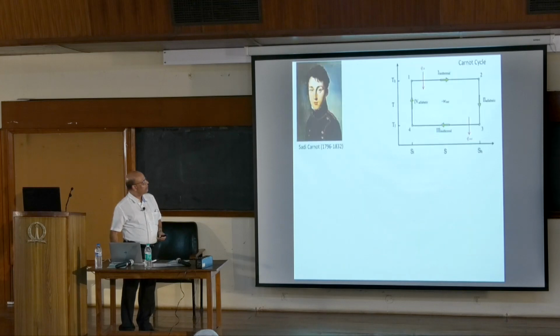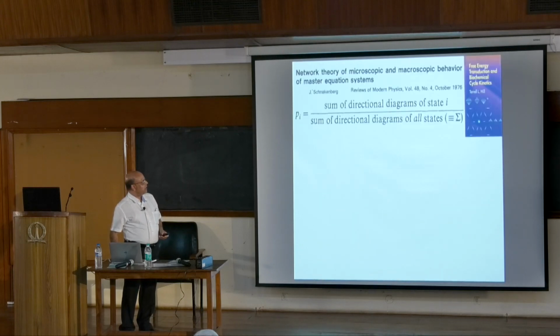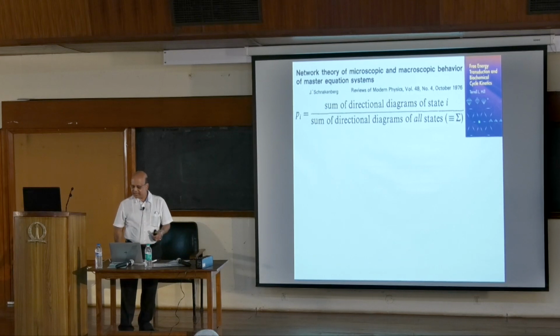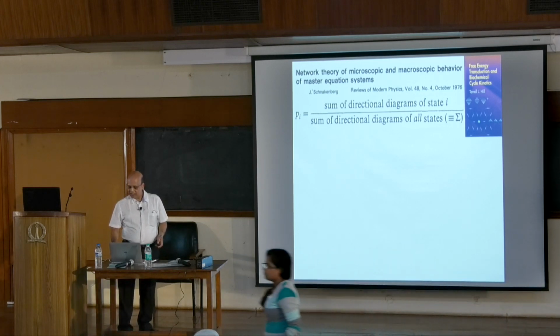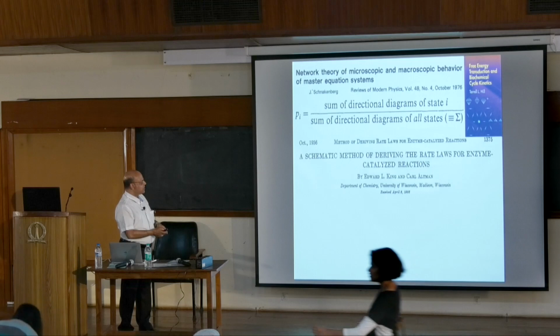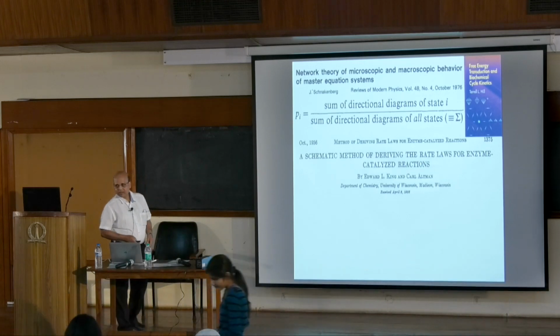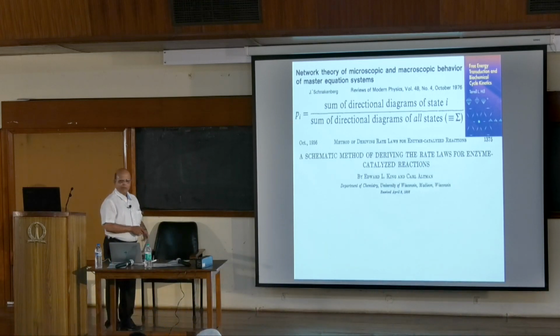How do we calculate them? We use a graph theoretic method, and from that we find out what these probabilities are in the steady state of the system. It turns out that although it was popularized by these two gentlemen, the idea was actually given even earlier by chemists, and this is called the King-Altman graph theoretical method in chemical kinetics.